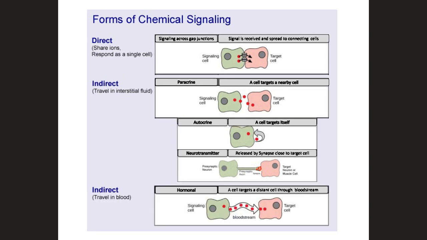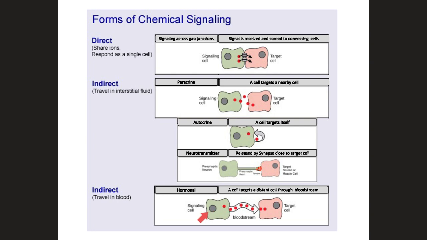And then we have indirect signaling, meaning that the cells aren't talking to cells that are their neighbor. You can have a cell that is sending the signal, and the signal is received by a target cell that is in a different part of your body.